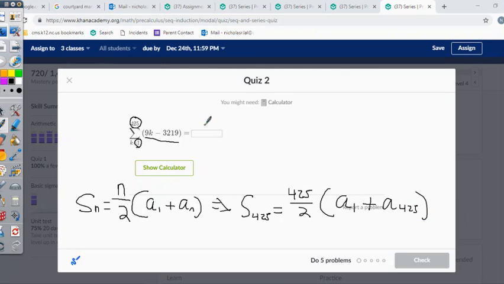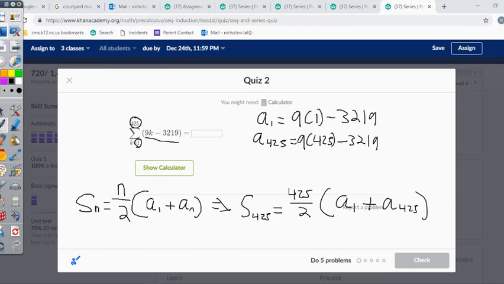So let's find A1. A1 is going to be equal to, when k is equal to 1, 9 times 1 minus 3219. And A425 is going to be equal to 9 times 425 minus 3219.